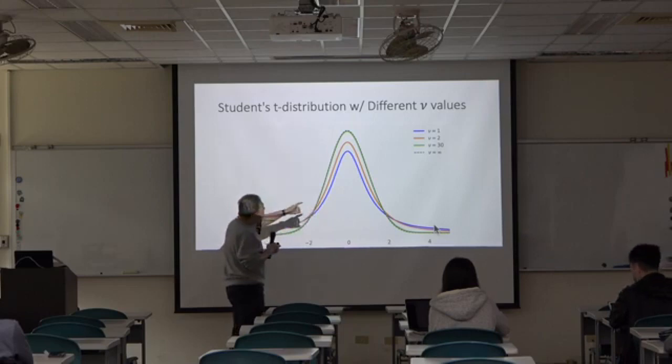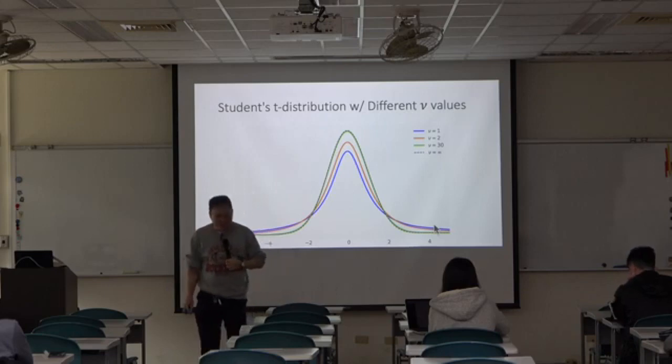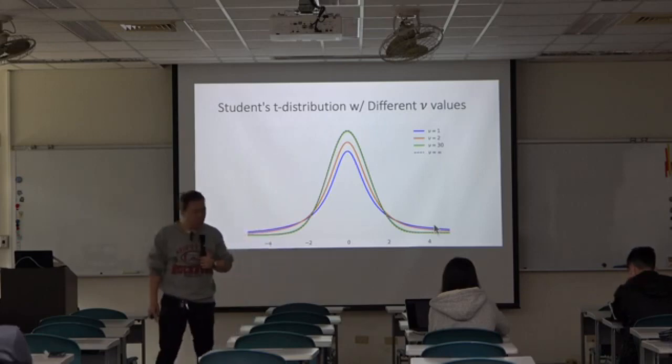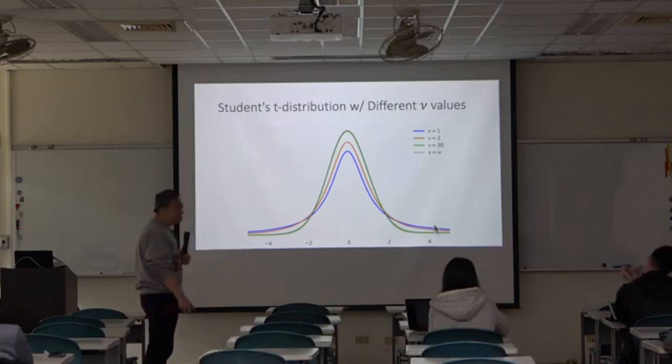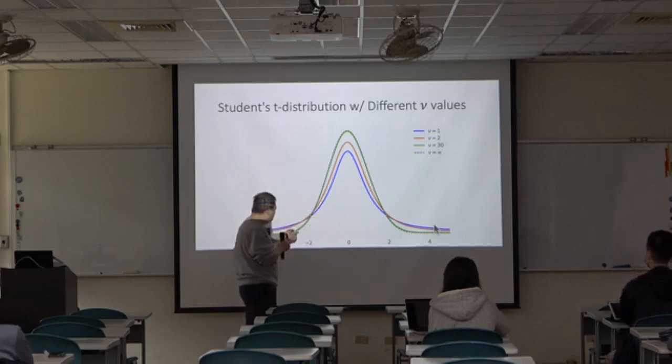When v is 1, it's represented by the blue line, v is 2 by the orange line, and v is 30 by the green line. You can see that when v is 30, it's already very, very close to the normal distribution, almost overlapped, but still slightly different. But 30 is already pretty close to the normal distribution.